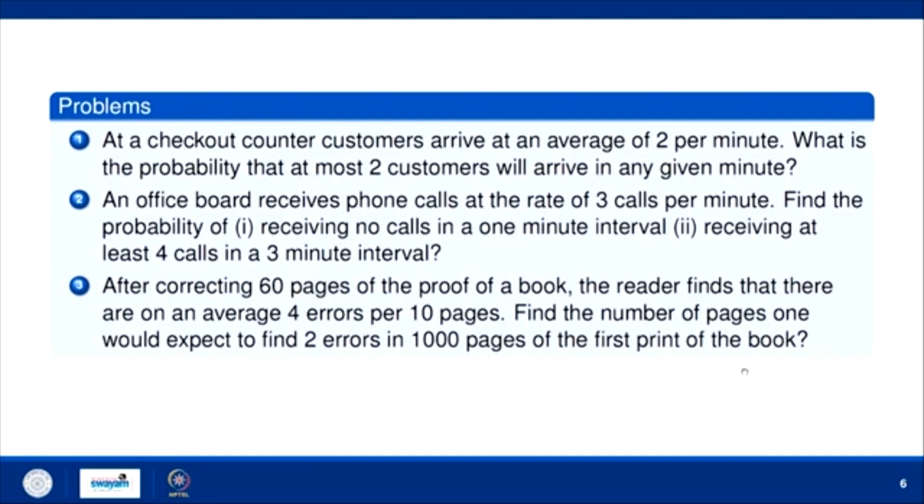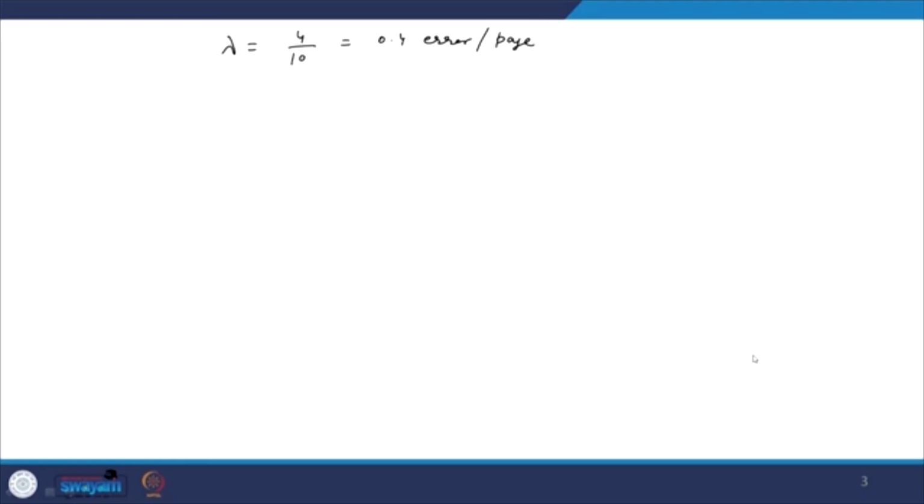So, how to find the number of pages one would expect if there are 2 errors. That will be simply the required probability.